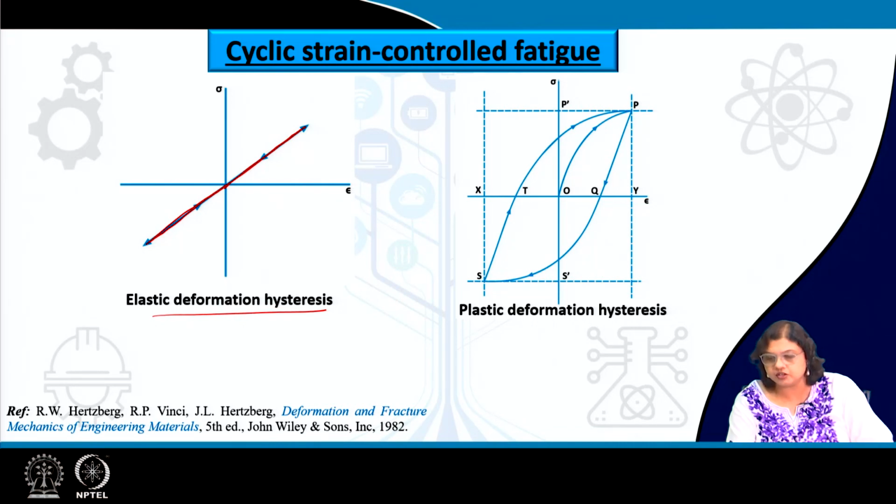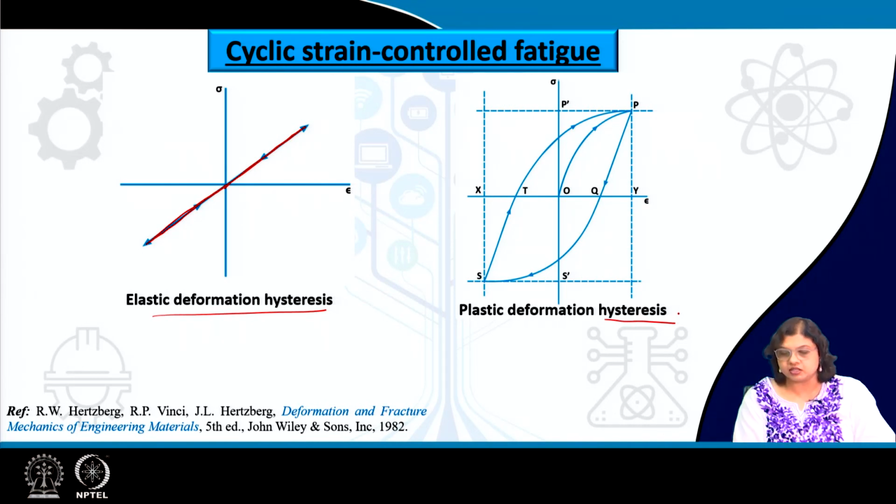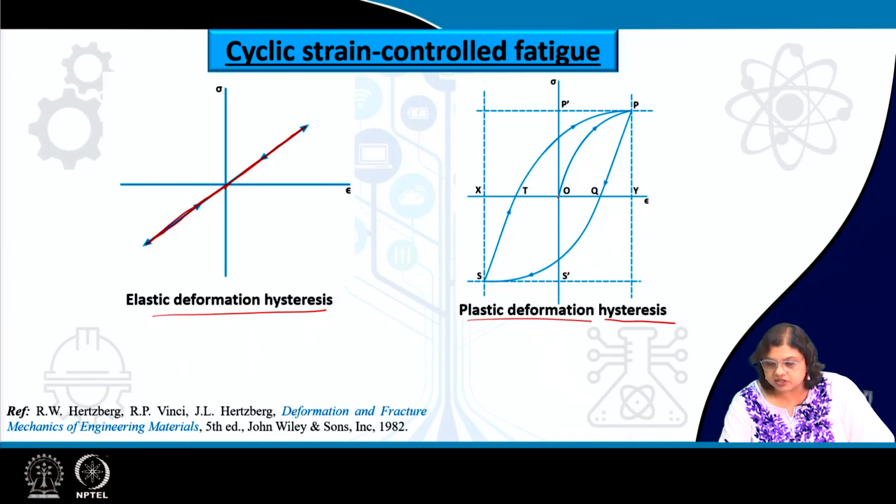So, this one here shows a typical stress strain hysteresis of a specimen when it is undergoing plastic deformation, right. So, let us say we are starting from the origin, the point O, and at some point here the material is yielding. So, this could be the yield strength of the material, and we are applying stress beyond this value.